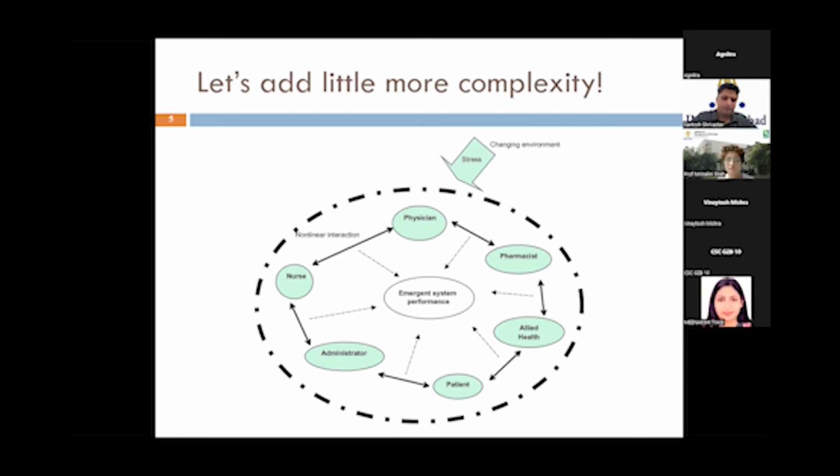We develop linear optimization models. We never talk about non-linear interaction. Here there are non-linear interactions, and on top of that, shown by an arrow, a changing environment. The thing which is changing with time is called dynamic. So not only do things become complex, there is dynamic complexity.